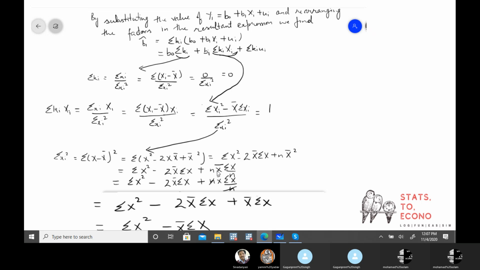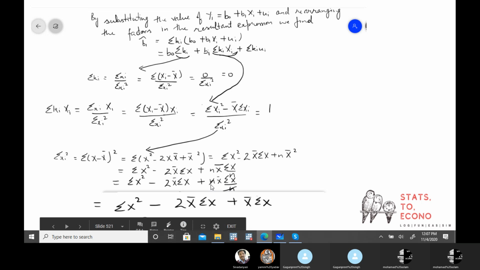Now one another trick here: in place of one of the means, just put summation x upon n, which is equal to mean. So if we multiply this term x mean with summation xi upon n, that's equal to mean, then it's x mean square. This is the only trick we are using here. Now cancel these n into n, and you can see these terms are similar.